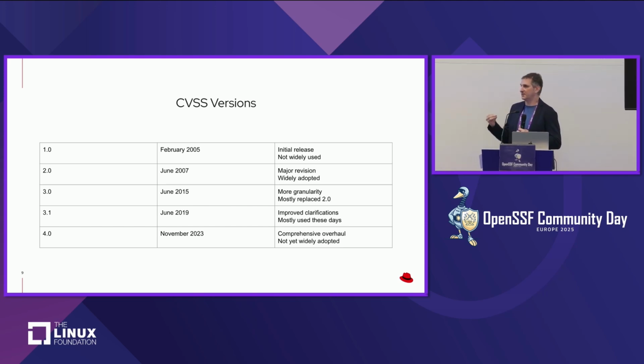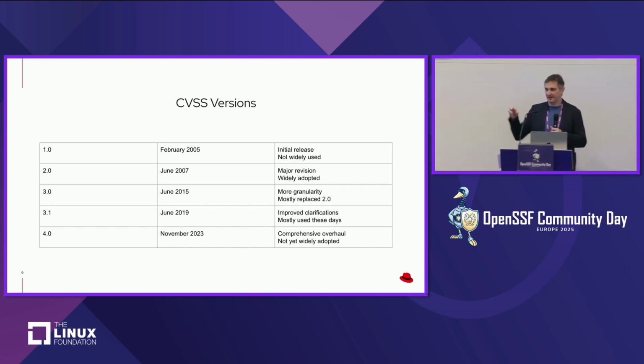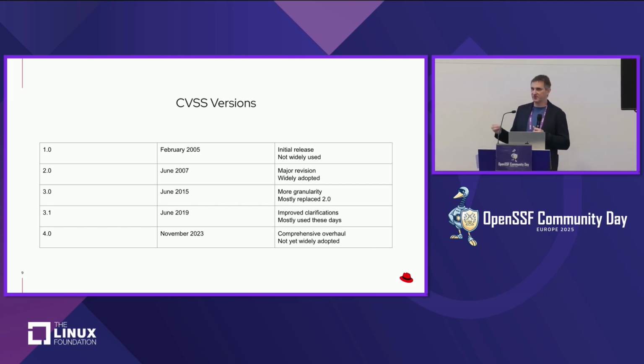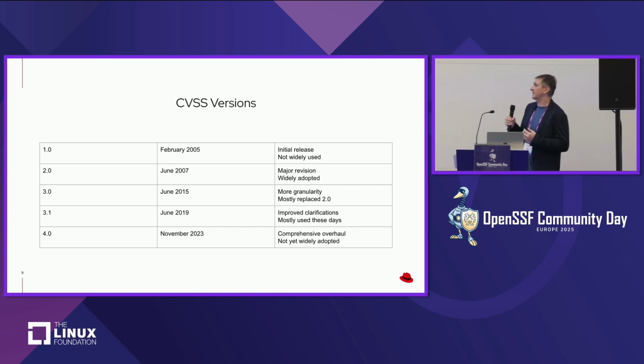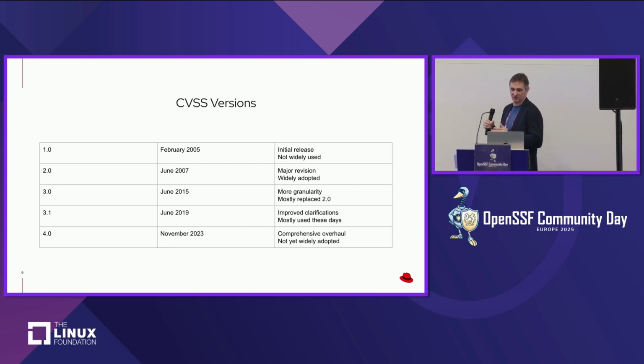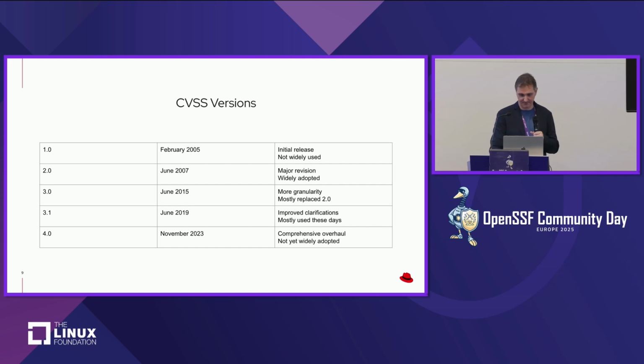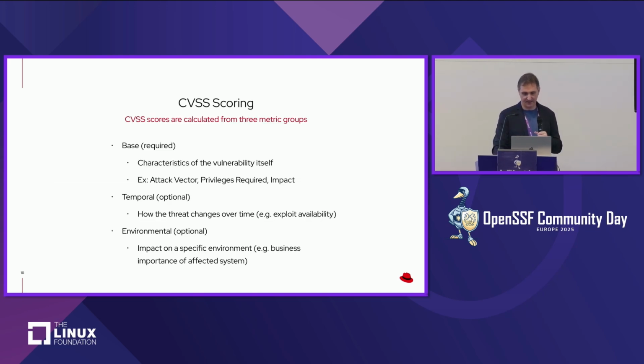So if you see somewhere advisories and vulnerabilities having multiple scores with multiple versions, it's just because of tooling. But basically, you should be going for the latest CVSS version as a score, because it should be the more precise, as we will see in the example later on.